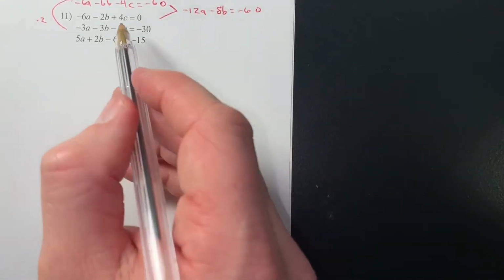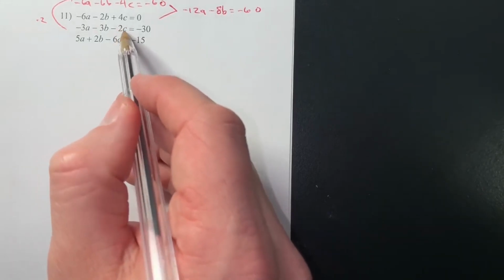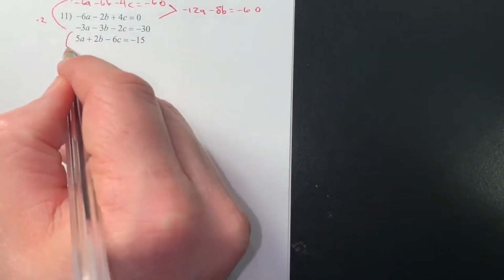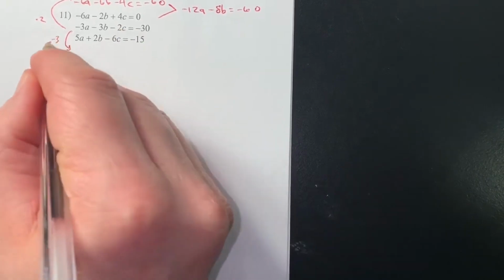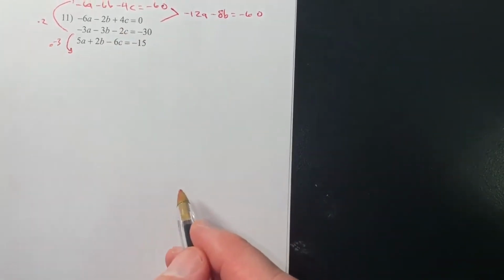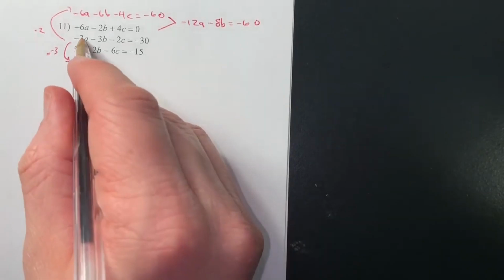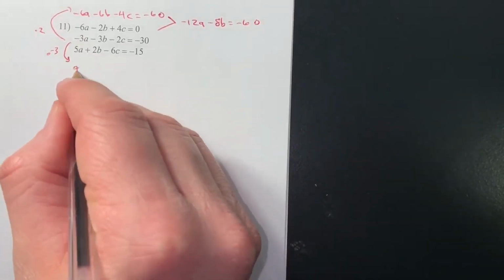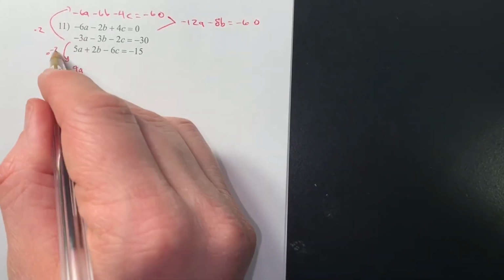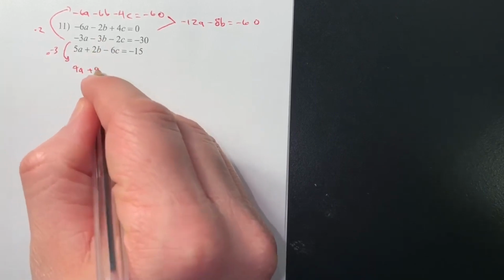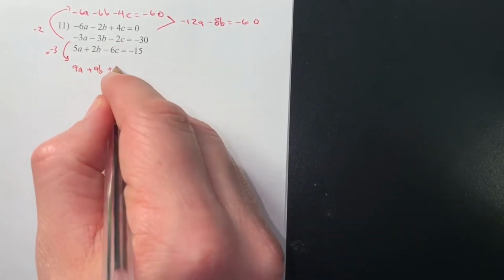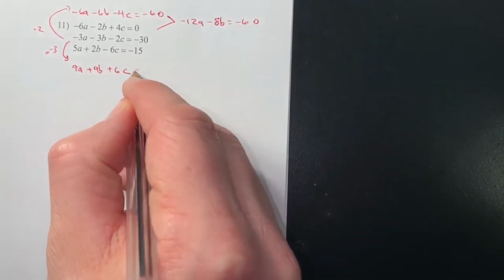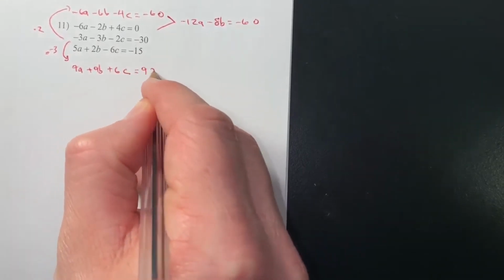Okay, then I need to eliminate c's again in these bottom two equations, so I'm going to multiply that middle equation by negative 3. Okay, so I get negative 3 times negative 3, that's 9a, plus 9b, then plus 6c equals 90.